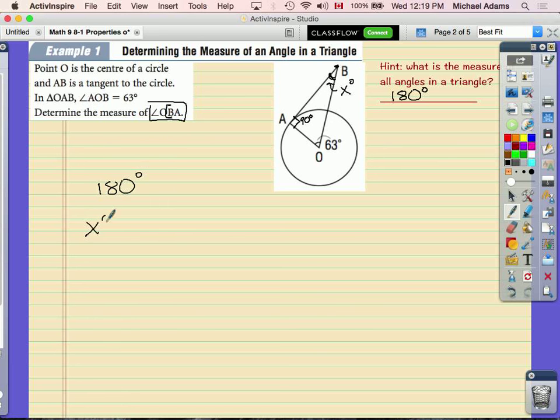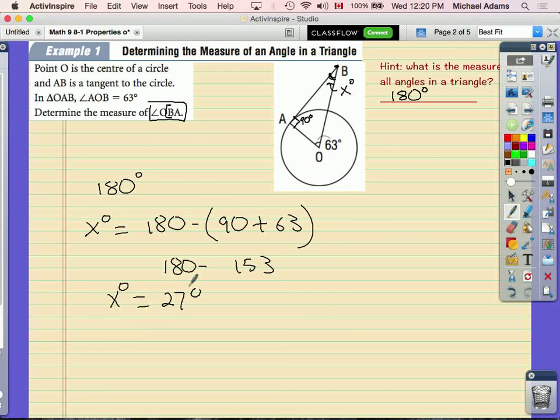To find x, I'm just going to go 180 degrees, and from that I'm going to subtract 90 and 63. So I'll add those two up. I get 153, subtract from 180, do that math, and I'm going to get x is equal to 27 degrees.